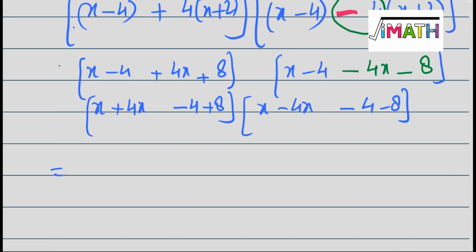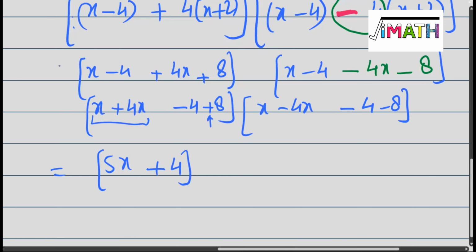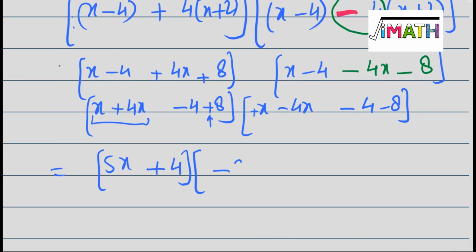So for these I would get 5x, and for these I would get positive 4, because the bigger number is with positive sign. And for these x minus 4x, opposite signs, I'm going to subtract them and use the sign of the bigger number, that is minus 3x, and I have the same signs, so I'm going to add them and use the sign of the bigger number, that is going to be 12.